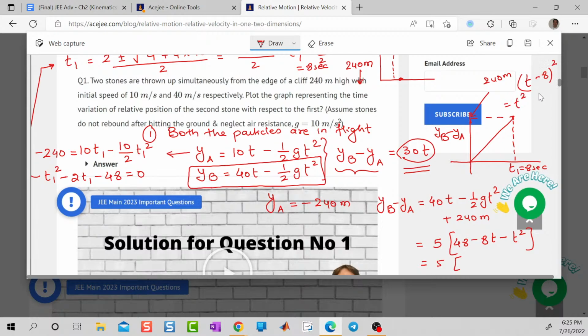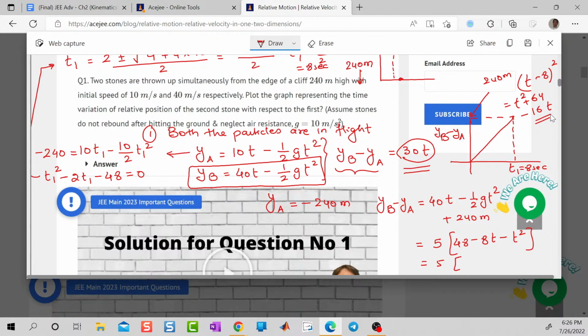This is t square plus 64 minus 16t. Where are we going wrong with this one? So 48 minus 8t minus t square. I have not made any mistake there.